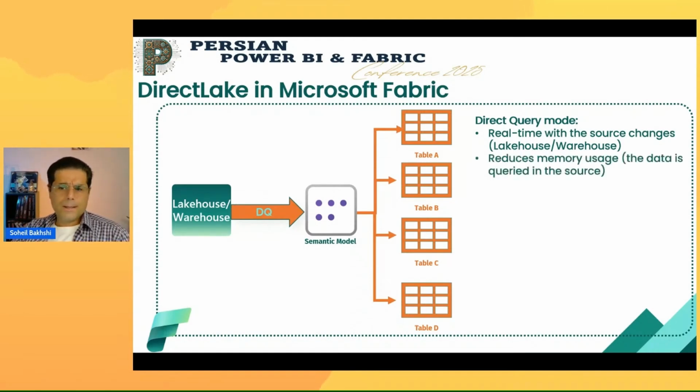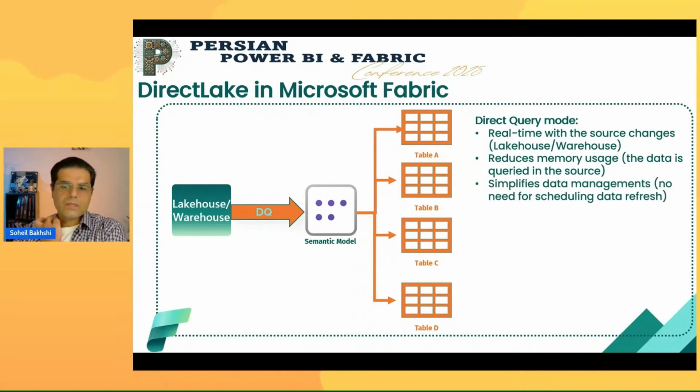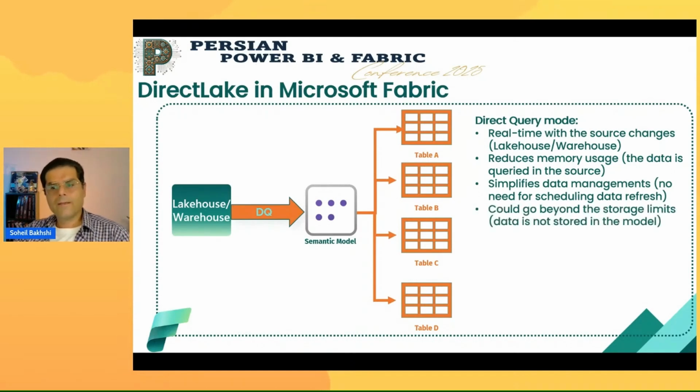Another benefit of DirectQuery mode, even in Microsoft Fabric, is reduced memory usage because the data is queried from the source, again from the lakehouse or warehouse. Simplified data management, no need for scheduling refresh, so DirectQuery doesn't require any refreshing mechanisms or scheduling any refreshes, and could go beyond the storage limits because the data is not stored in the data model, right?